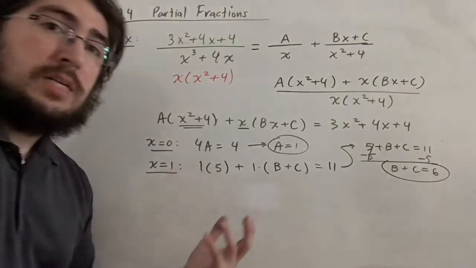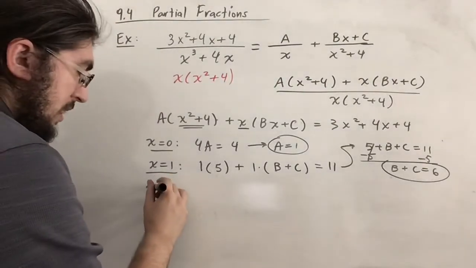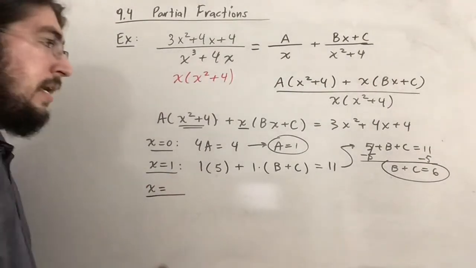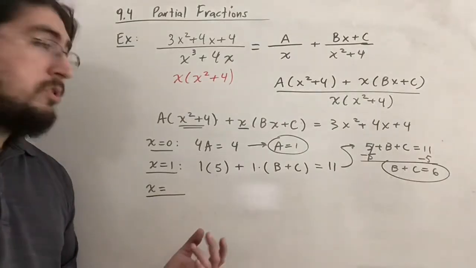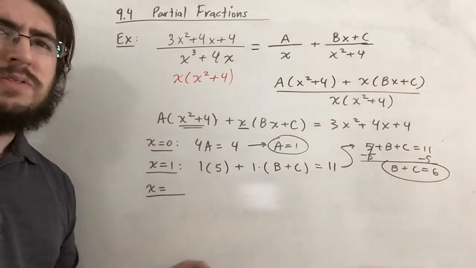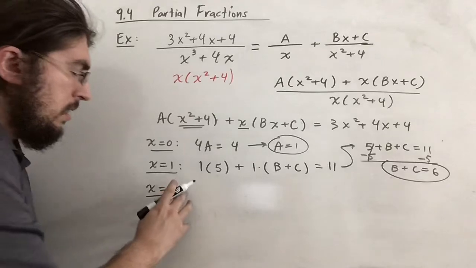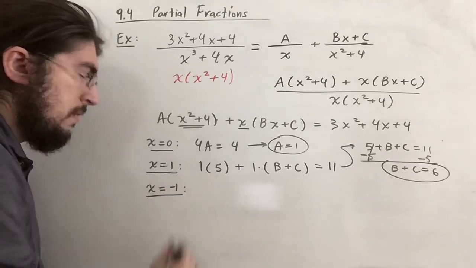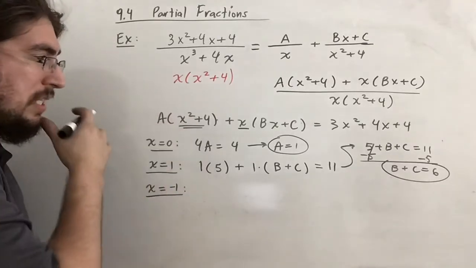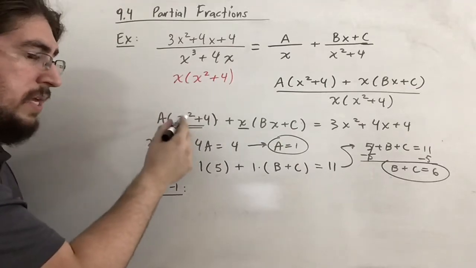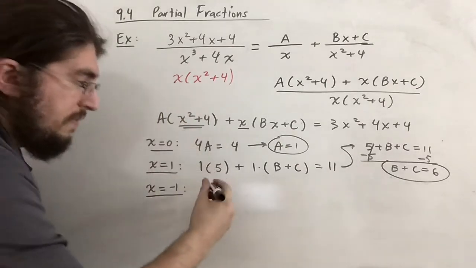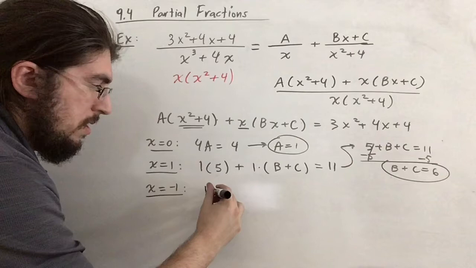And we're going to make a system out of this. So now to get our next equation, we can let x be anything else. If you want to use 2, we can use 2. We just can't use what we've already used, or else we'll get the same result. So I'm actually going to use negative 1. So notice, negative 1 squared is still going to give me 1 plus 4, which is still 5. So this will still be 1 times 5.